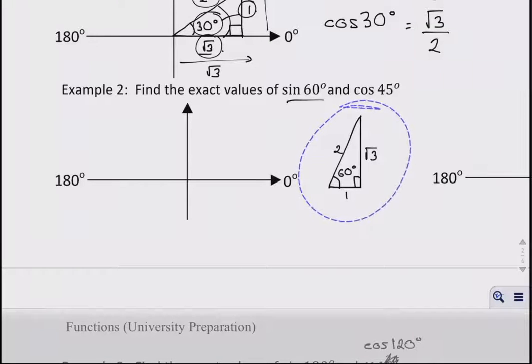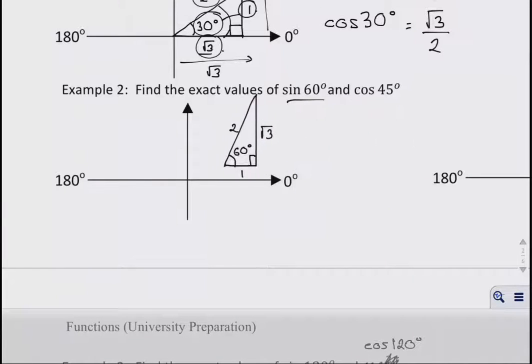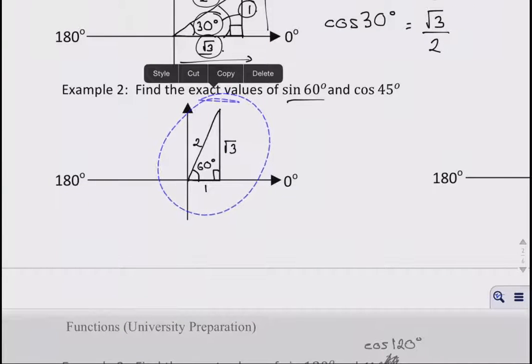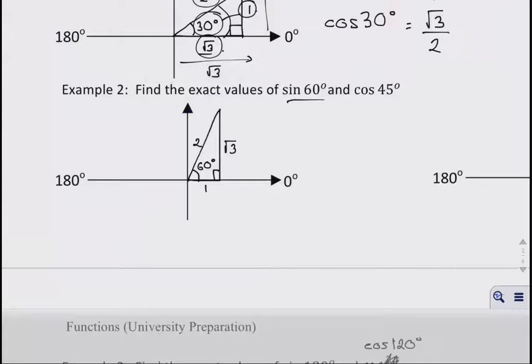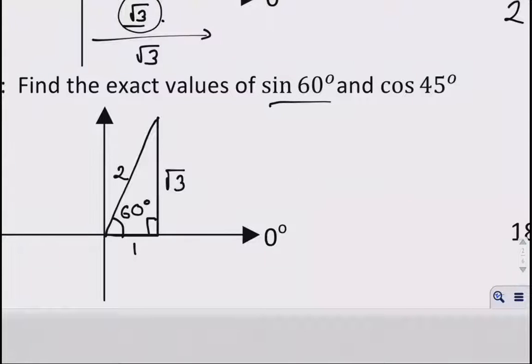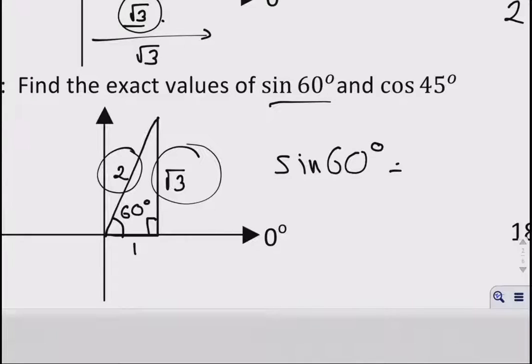I take that triangle, drag it onto my plane, or draw it directly on in your case, and I just read them off. So I know sine of 60, well, sine is opposite, which in this case is root 3, over hypotenuse, which is 2. So sine of 60 degrees is just going to be root 3 over 2.